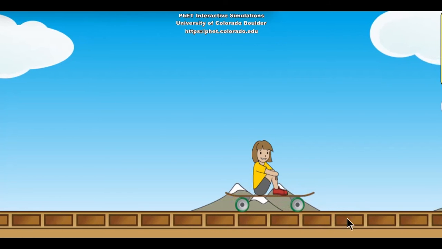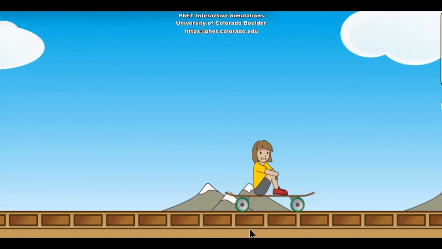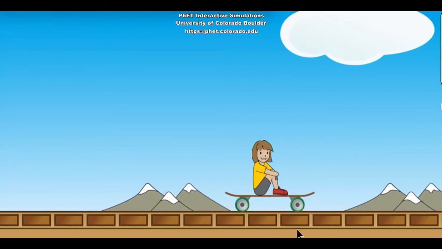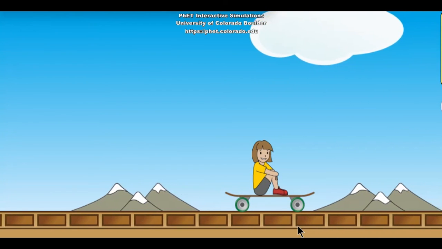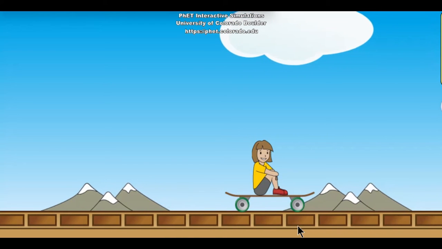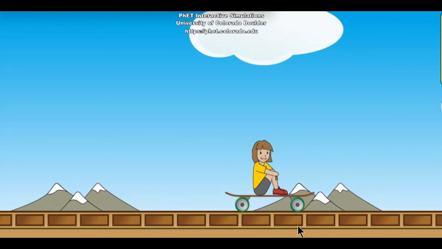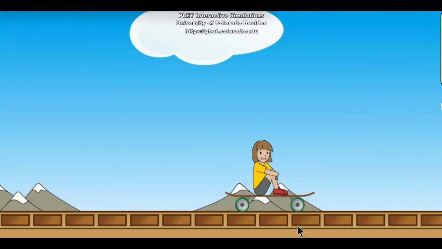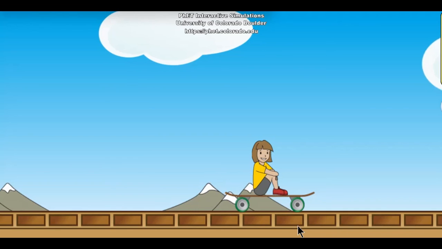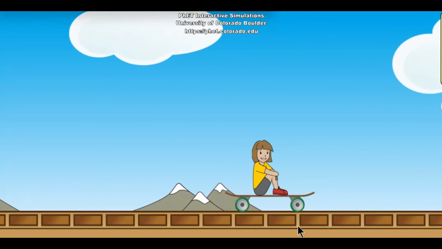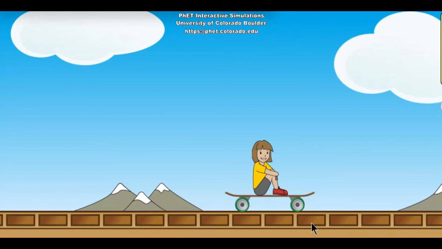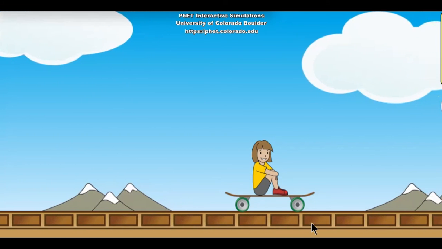Maybe this path on which she is going, because these rectangles on the path are moving towards the left. So that's why you get a perception that she is moving towards the right, because she is changing her position along with the skateboard with respect to the path she is on.